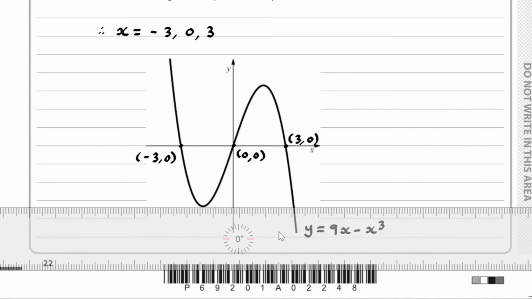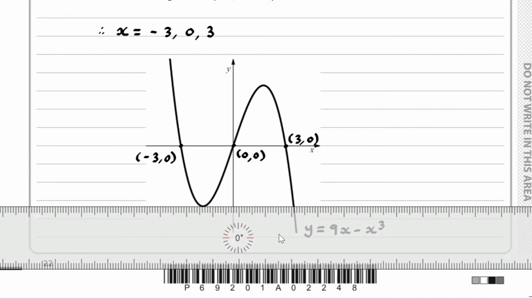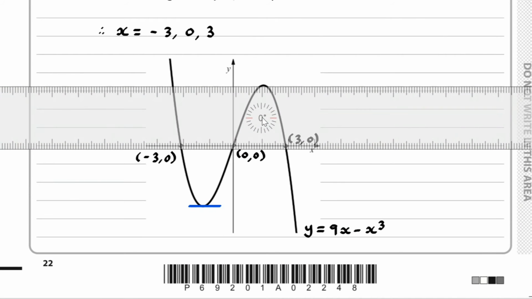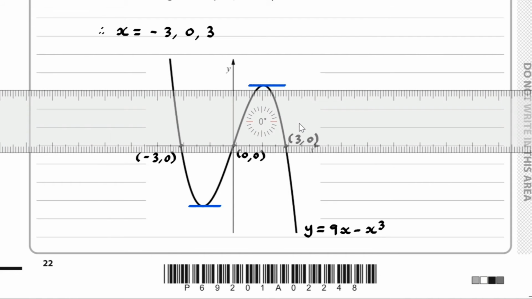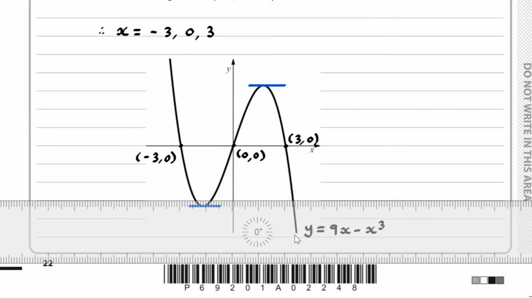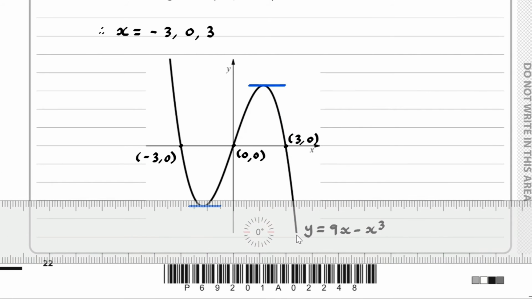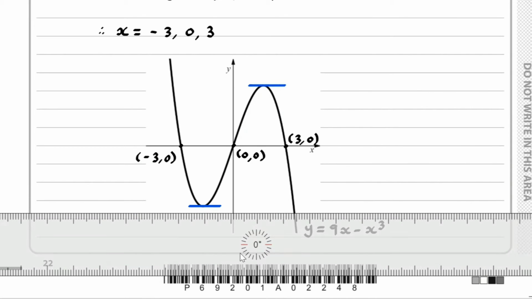But also, anywhere above here and below here is where y equals k would intersect C at 3 distinct points. So in between these values, hopefully you can see, is where I would have the range of values for k.